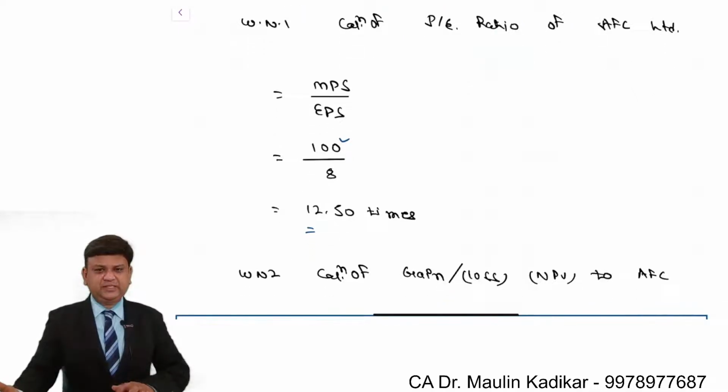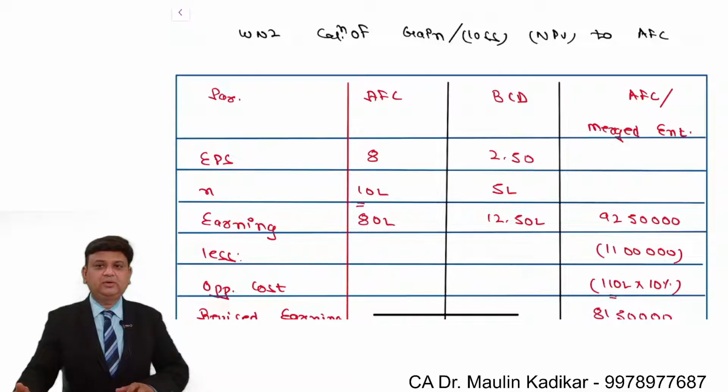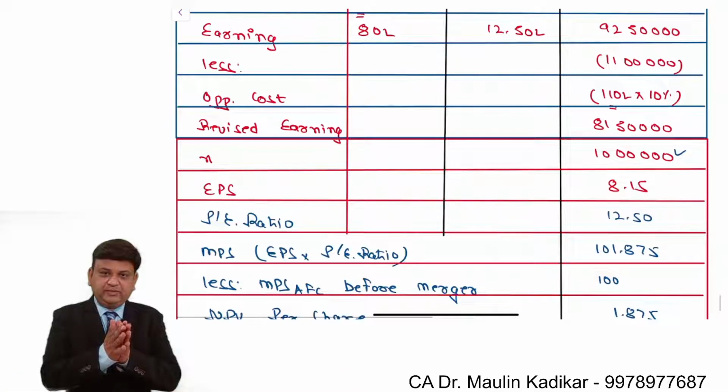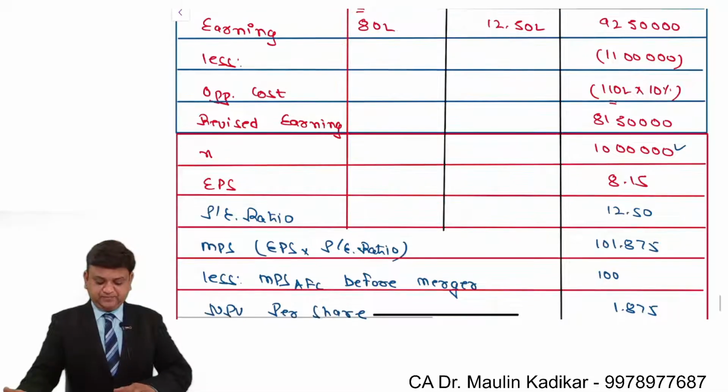So first of all, the price earning ratio is calculated. Then the gain or benefit to AFC is calculated, in which the earning of the merged entity is calculated, and the total of both of them remains the same. Less opportunity cost: whatever consideration is paid could have been invested at the rate of 10%.